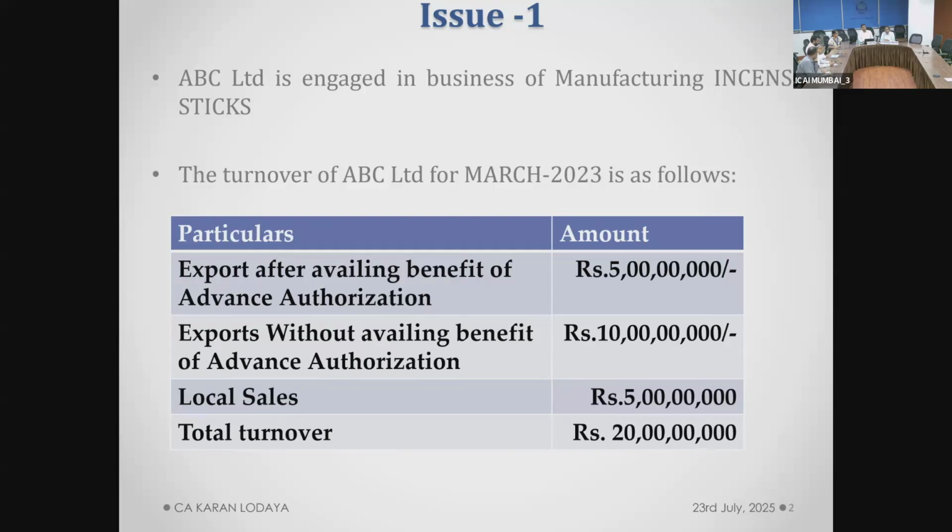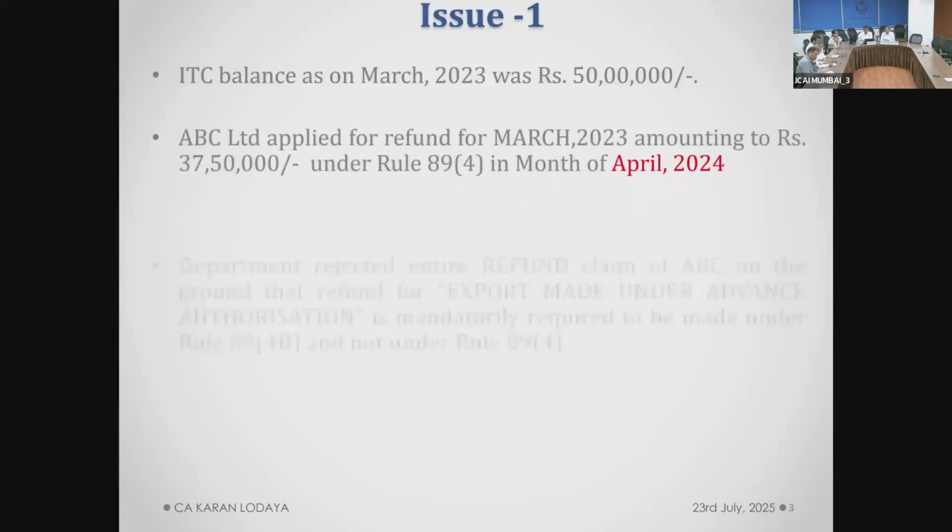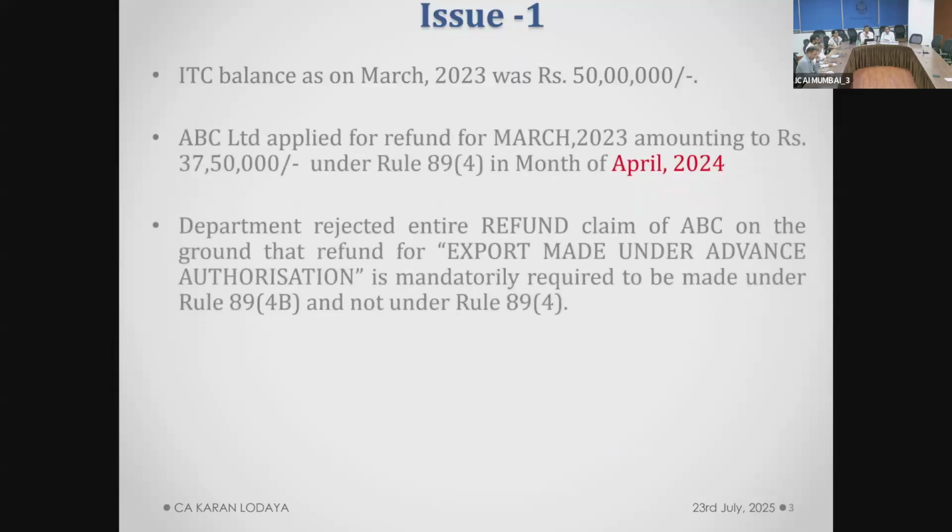Local sale is 5 crores, and total turnover is 20 crores for the month of March 23. Thereafter, the ITC balance as on March 23 was 50 lakh rupees. So ABC applied for refund of March 23 under Rule 89(4) in the month of April 24. So after 1 year, they applied under 18 for 37 lakh 50,000.